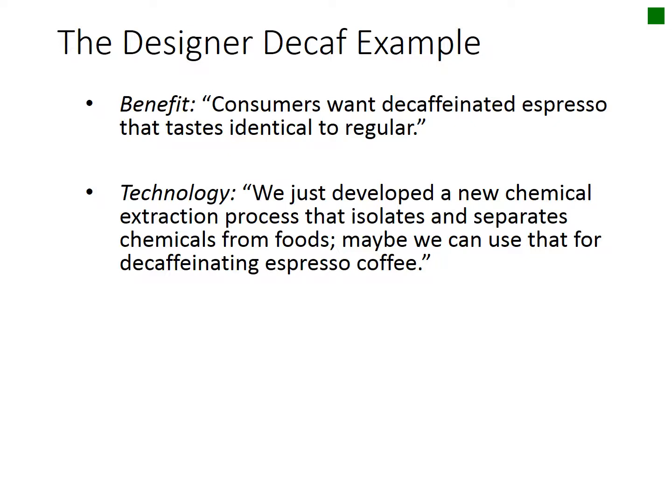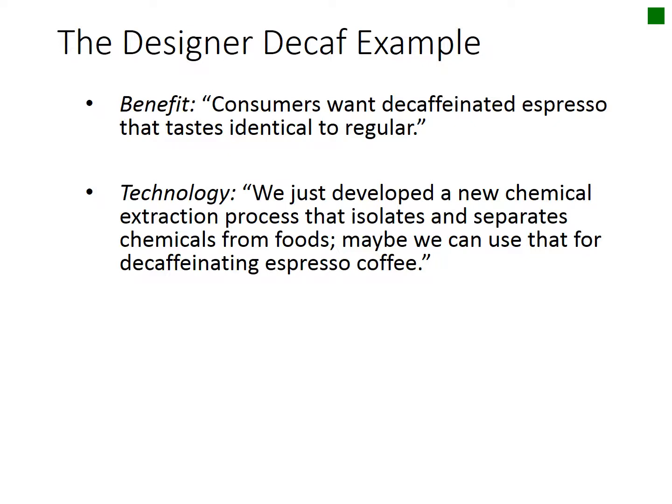The technology is that we have, in our laboratory, through research, developed a new chemical extraction process that isolates and separates chemicals from foods. So this could be a process that we use in a lot of different food elements or consumable good elements.